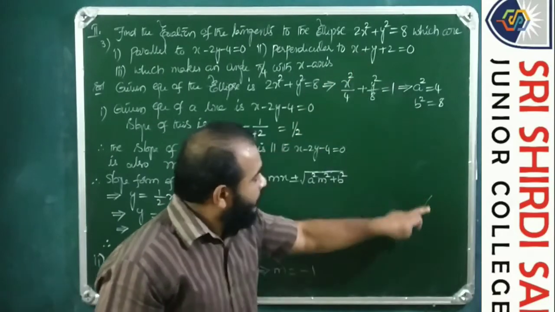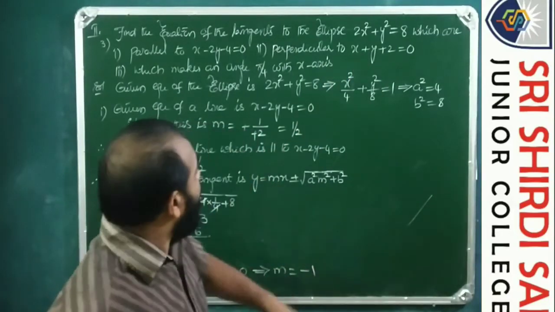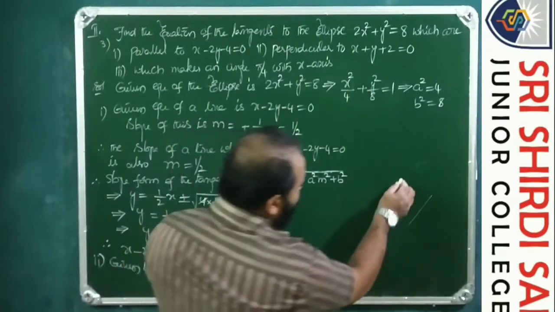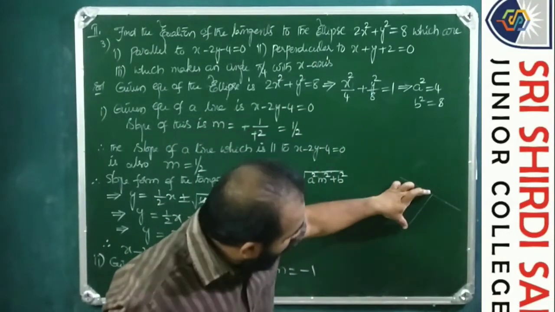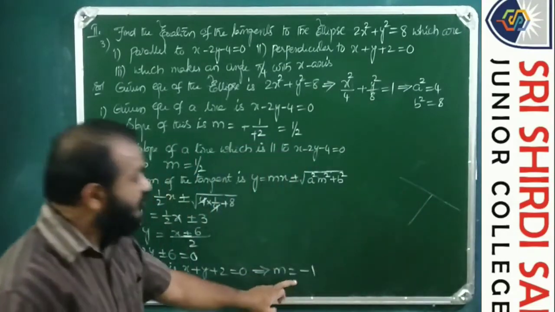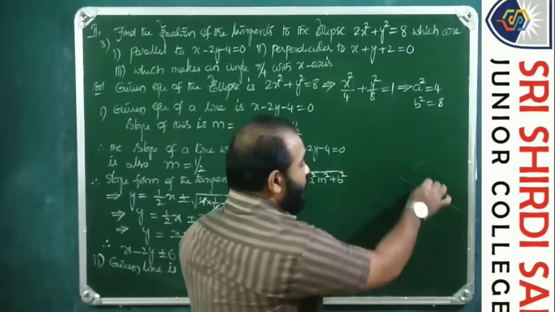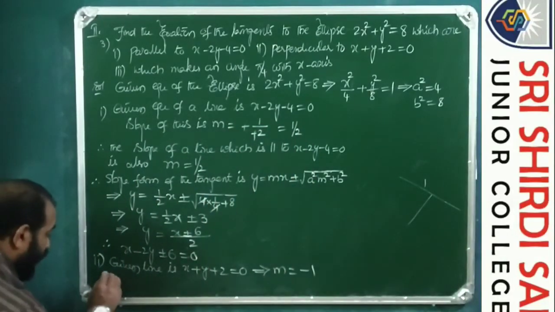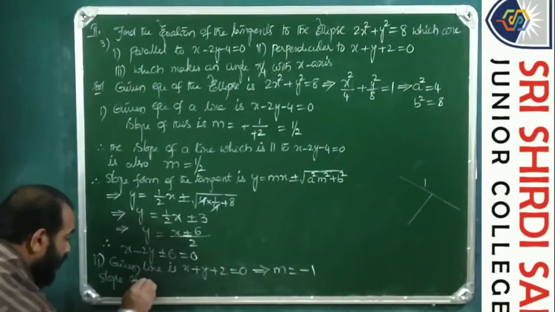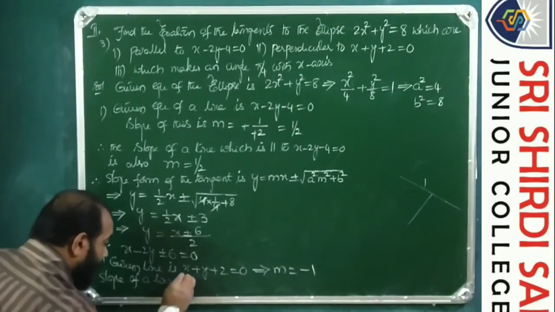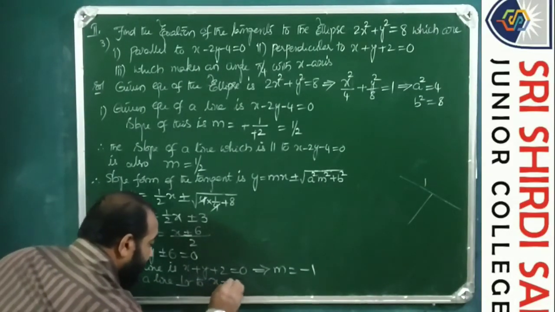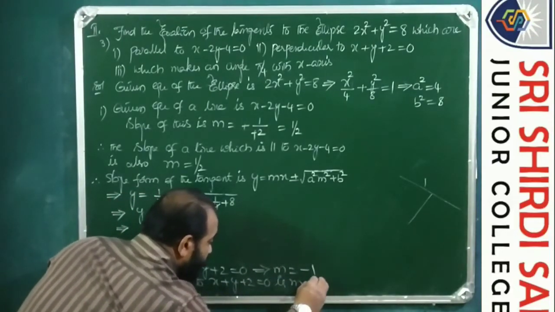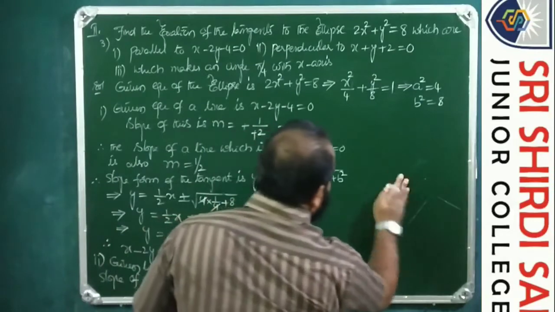The slope of the given line is minus 1, and what is the slope of the line perpendicular to this? It is 1, because product of the slopes is equal to minus 1. So the slope of a line perpendicular to x plus y plus 2 equals to 0 is m equals to 1.